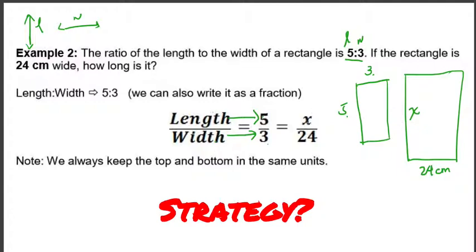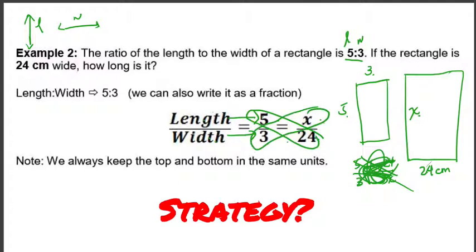The same thing happens here. Length, X, width, 24. Do not flip it. Length, length, length, width, width, width. And then we do our favorite X-Men, cross multiplication.